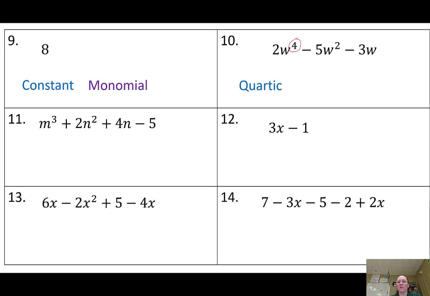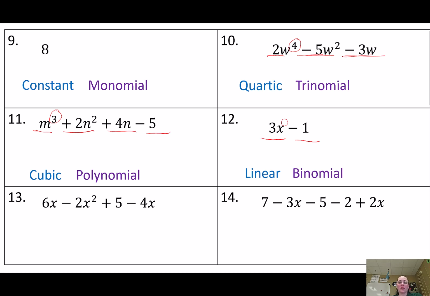And how many terms do I have? I have 3 terms, so it's a quartic trinomial. Looking at 11, what's my largest exponent here? 3. And how many terms do I have? 1, 2, 3, 4. So it's a cubic, since it's a degree 3, polynomial.